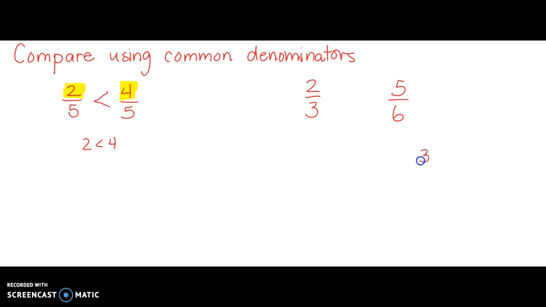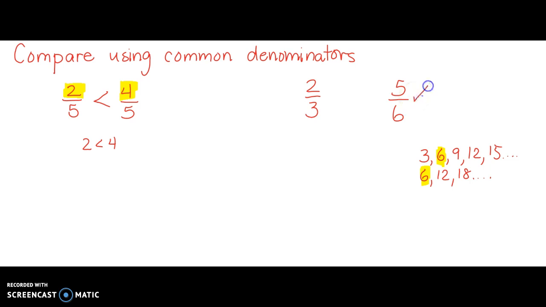So if I'm thinking of threes, counting by threes, I would have the multiples 3, 6, 9, 12, 15, etc. And if I'm counting by sixes, my multiples would be 6, 12, 18, etc. And already I see that 6 is a common multiple of both. In fact, it's the least common multiple of both. And so I can choose to rewrite my fractions with denominators of 6.